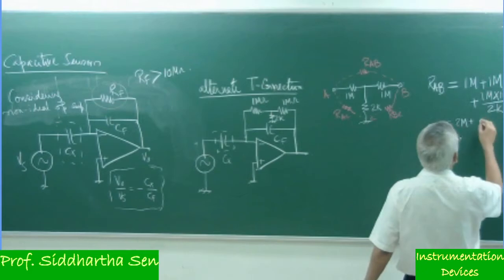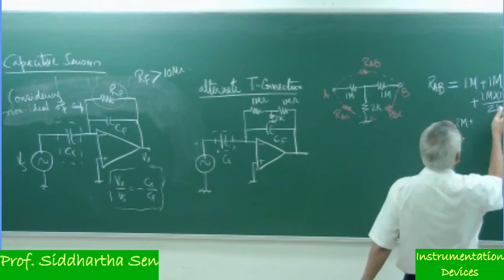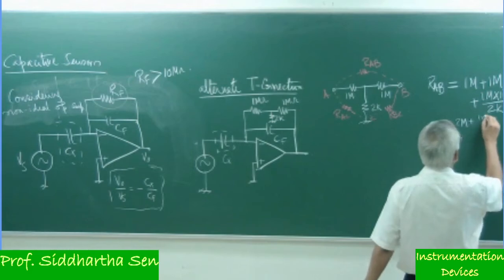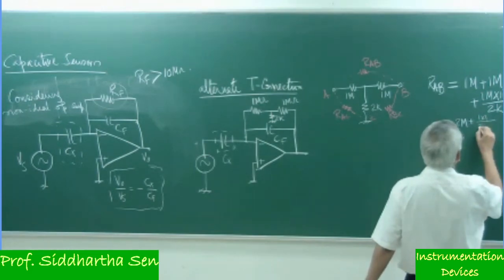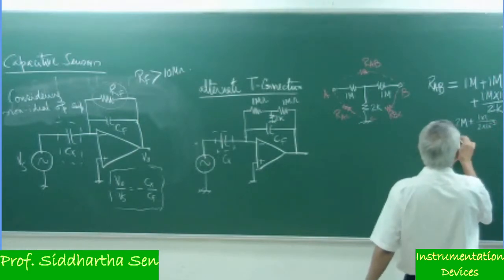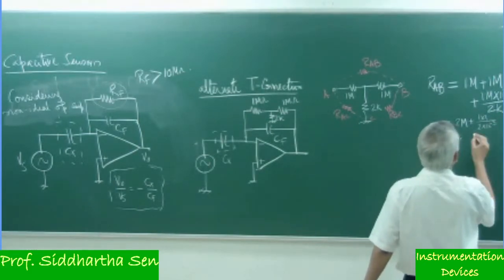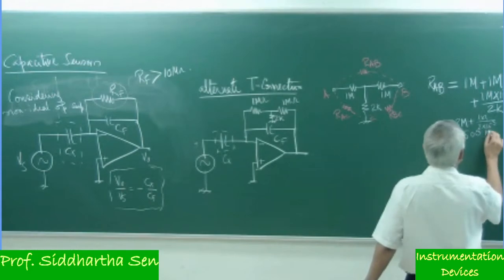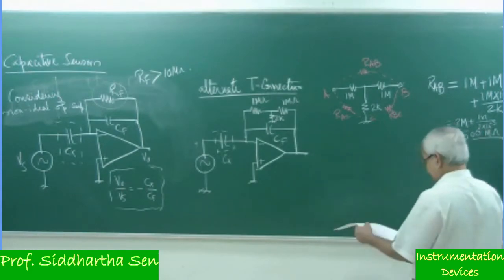It should be 0.5, sorry, you can say 1 into 1 divided by 2 into 10 to the power minus 3. That means approximately equal to 500 megohm, you can get it.